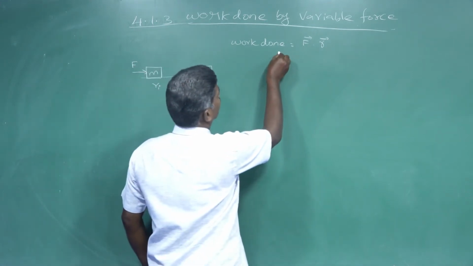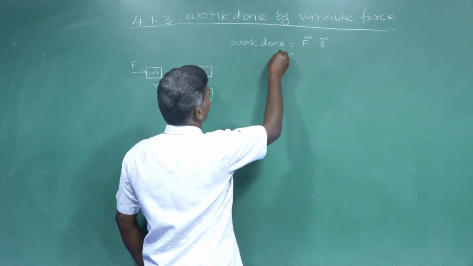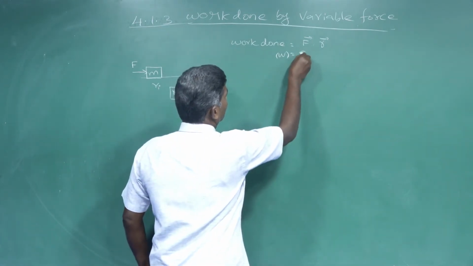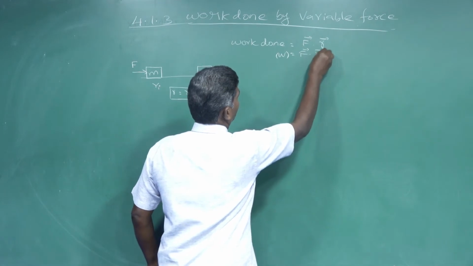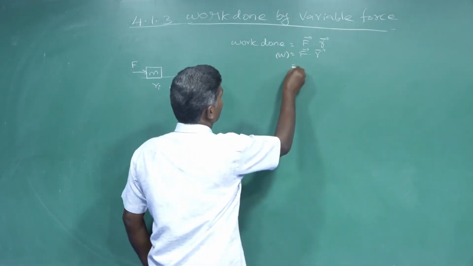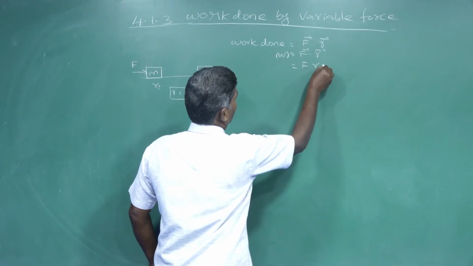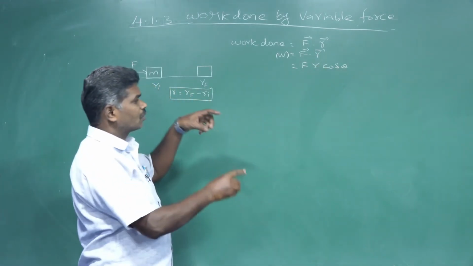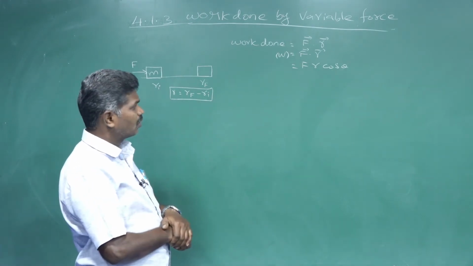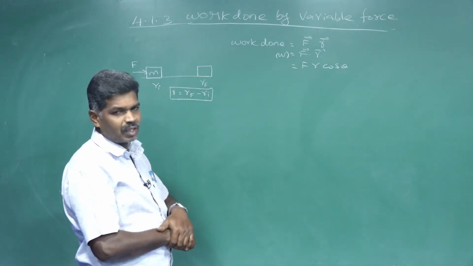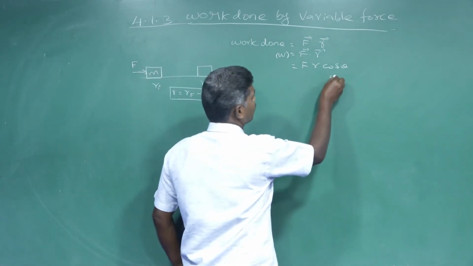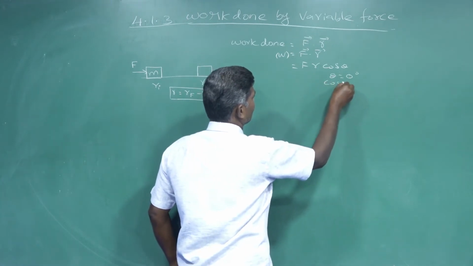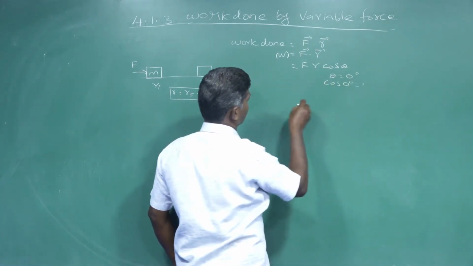So from this, work done is going to be represented as W, that is equal to F vector dot R vector. Then it can be taken as Fr cos theta. If the direction of the applied force and the displacement are in the same direction, then theta is equal to 0 degree. If it is 0 degree, cos 0 degree is equal to 1.